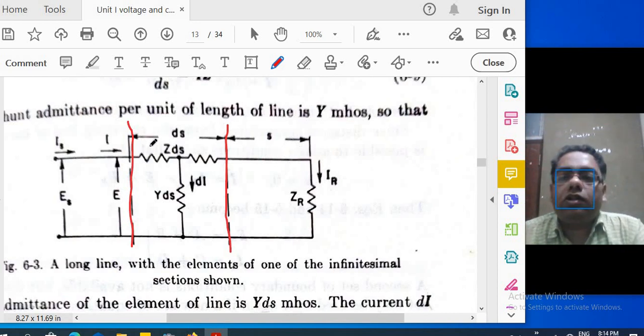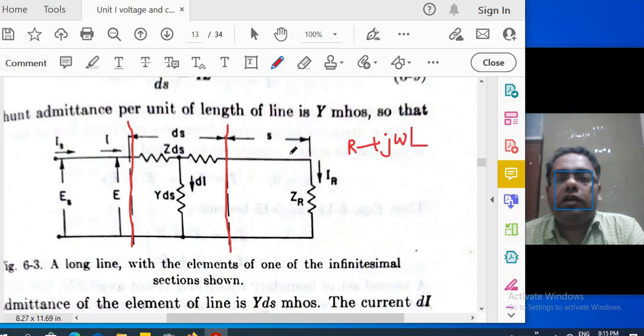Then this series impedance is z, and z we know is r plus j omega l, and it is on a unit length basis.